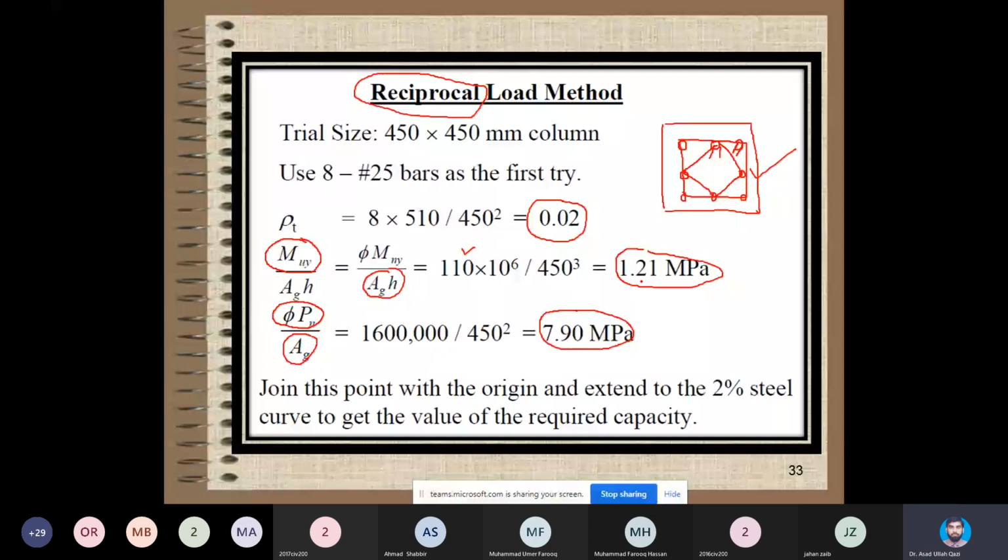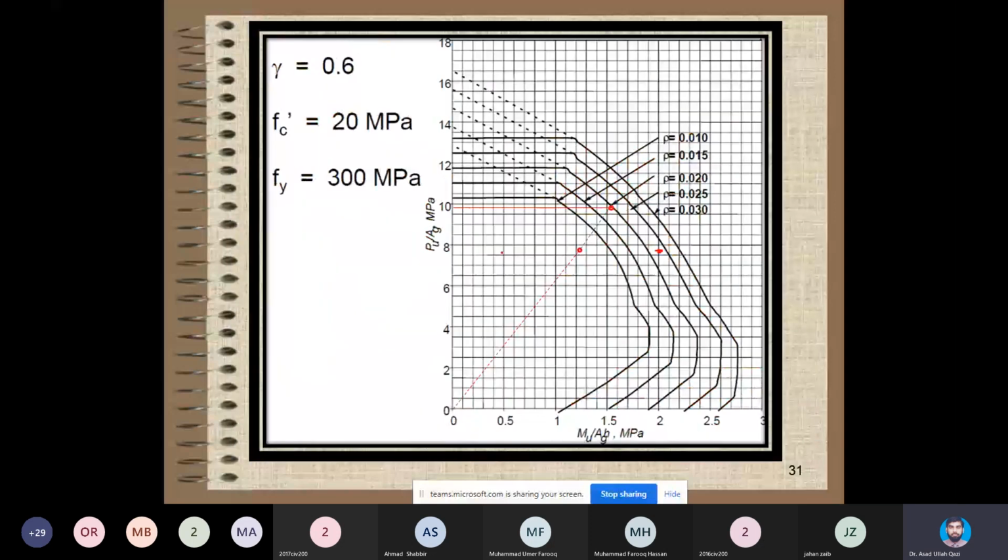So 7.9 versus 1.21, I will be somewhere on this point shown with the red color dot. I will join this point with the origin. Since this column is subjected to only uniaxial bending MUY as I have decided, and this column has 2% reinforcement ratio, I will extend this line until it intersects the 2% curve.